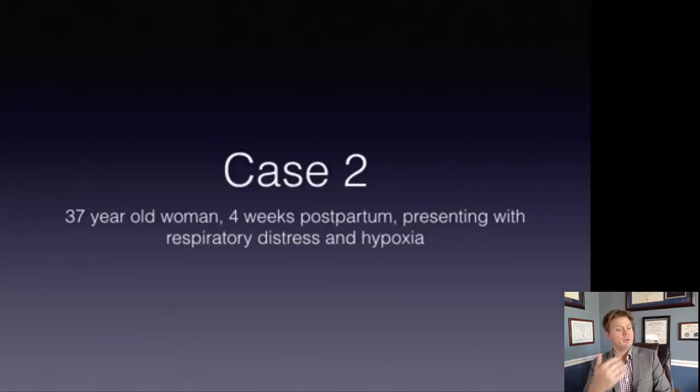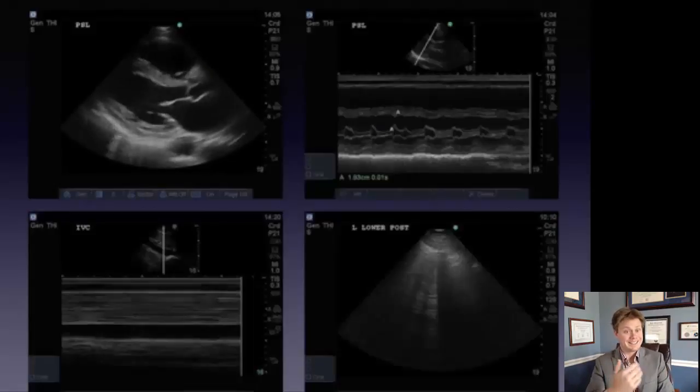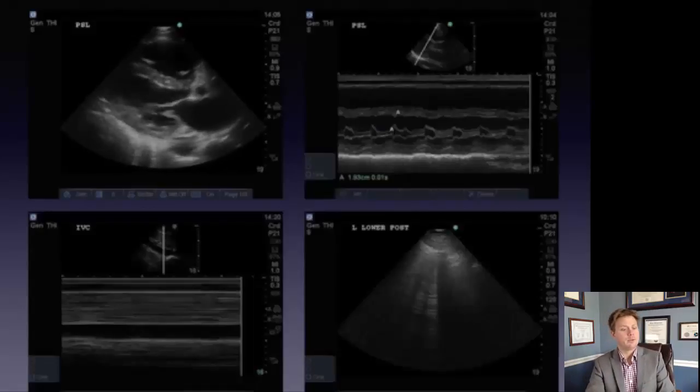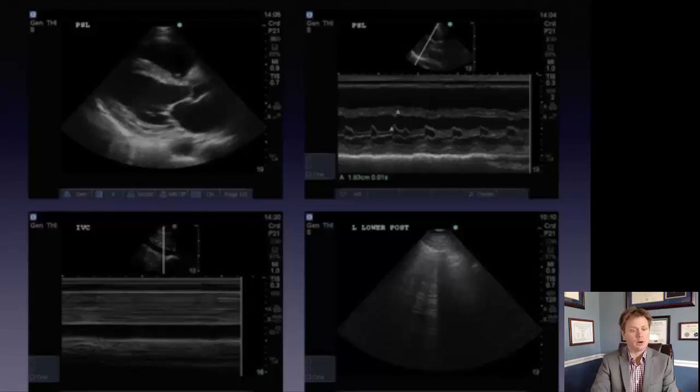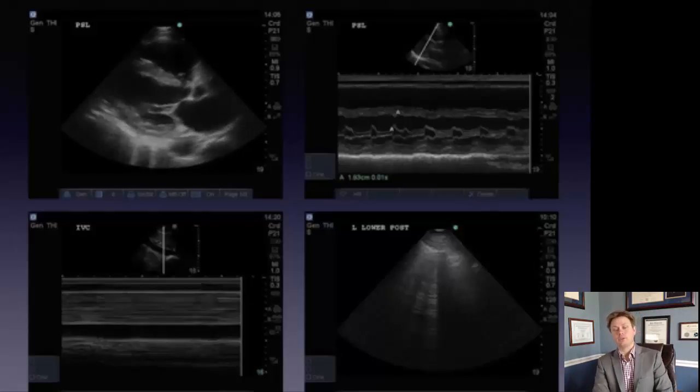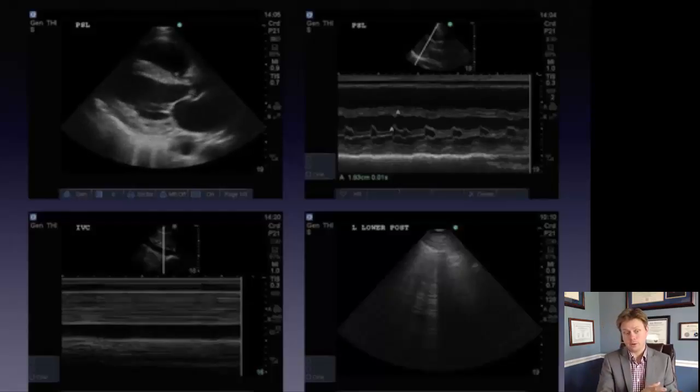Case 2, a 37-year-old woman who's 4 weeks postpartum presenting with respiratory distress and hypoxia. We'll go over lung sonography next month, but for the purpose of this, we can see in the top left corner a parasternal long axis of her heart, and the left ventricular systolic function here, normal, slightly diminished, greatly diminished. Well, this is greatly diminished. In particular, pay attention to the anterior leaflet of the mitral valve there, and you can see there's really not a whole lot of movement at all.